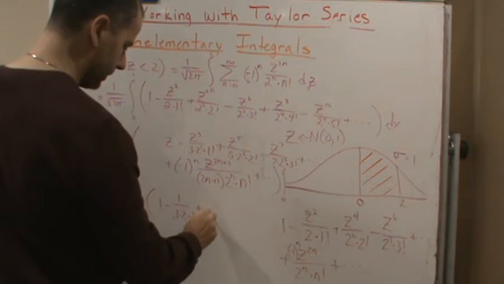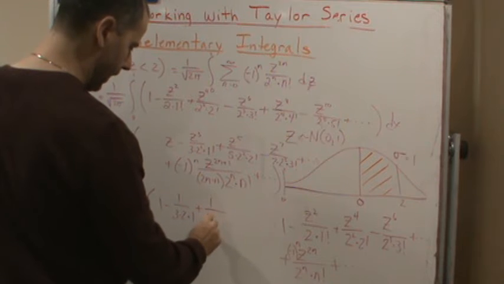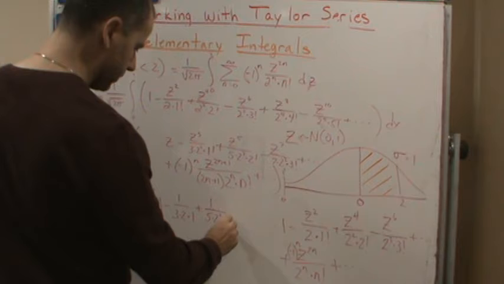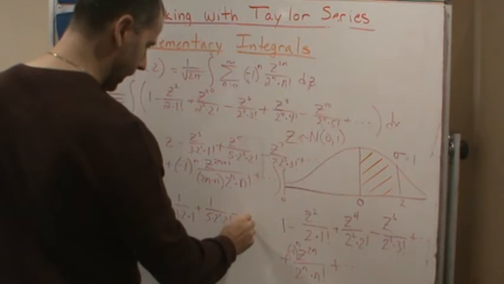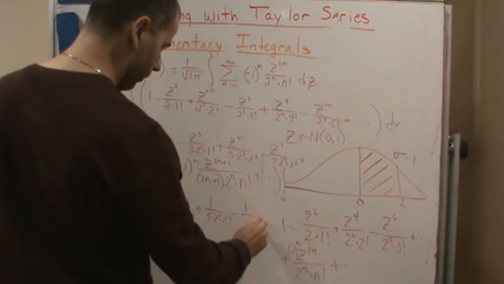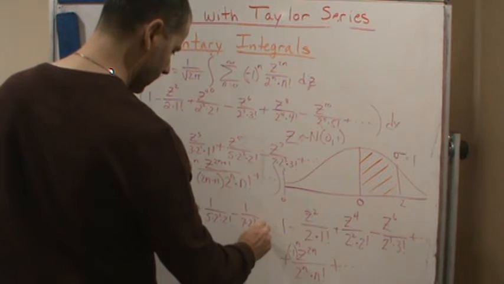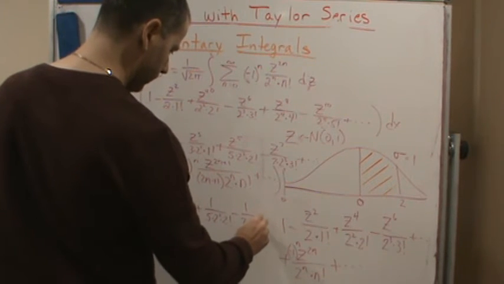Then we get plus 1 over 5 times 2 squared times 2 factorial minus 1 over 7 times 2 cubed times 3 factorial.